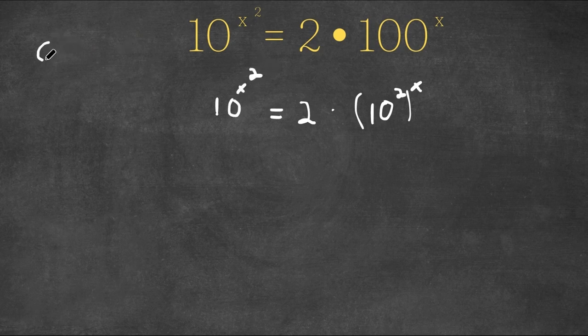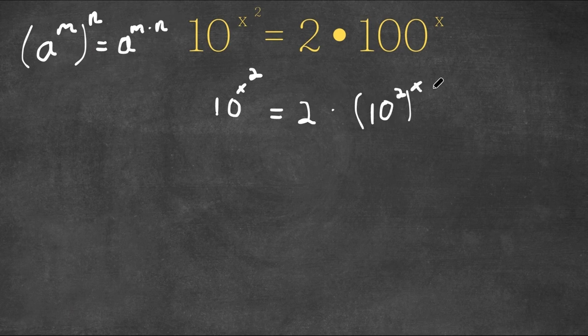Now, if we have something in the form a to the power of m to the power of n, this can also be written as a to the power of m times n.